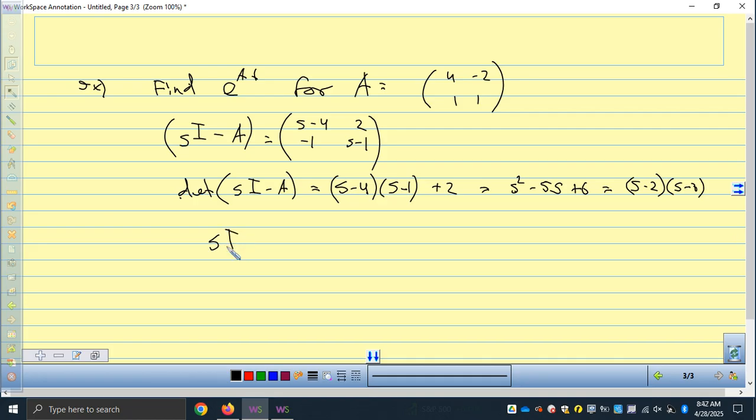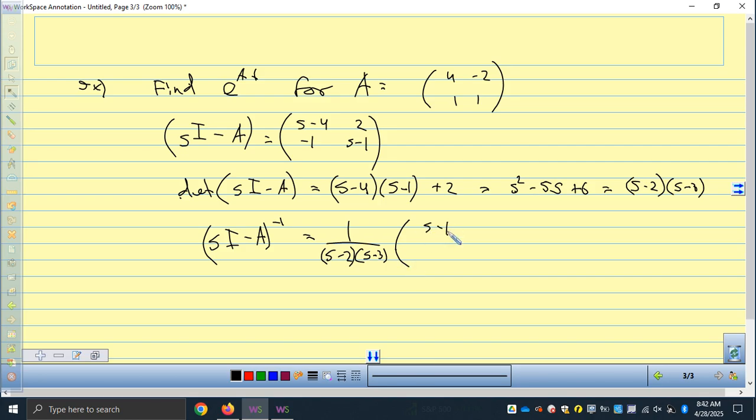So sI minus A inverse is 1 over the determinant, 1 over (s minus 2)(s minus 3), times the matrix we get when we switch these two and change the signs on these two.